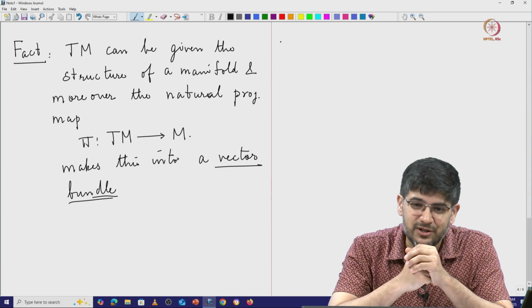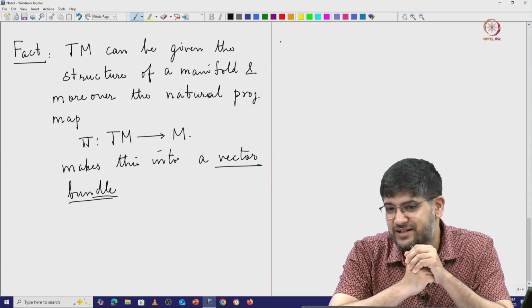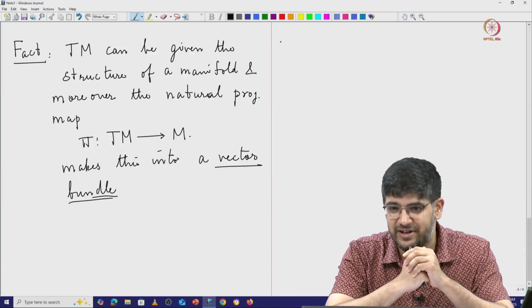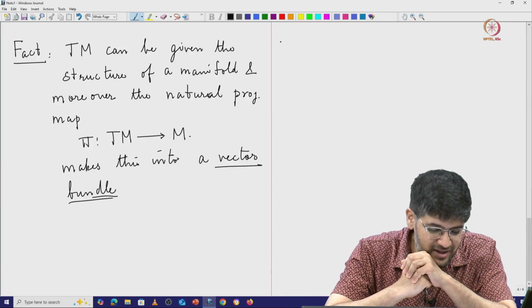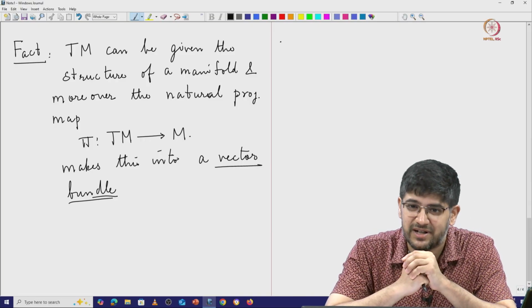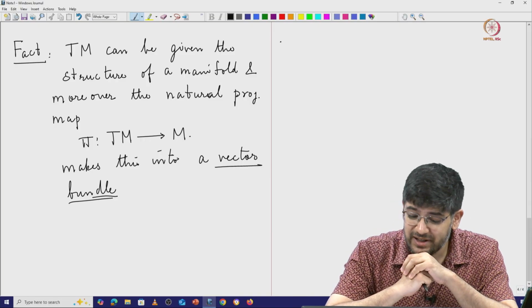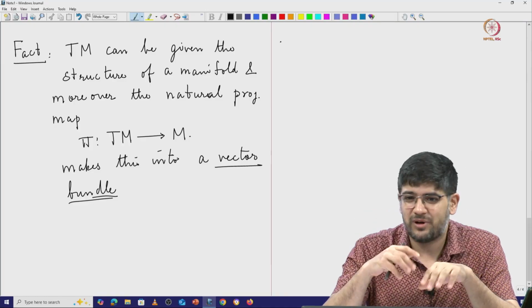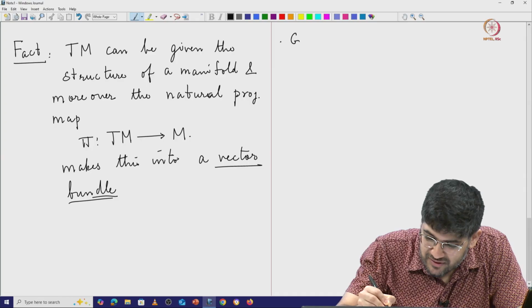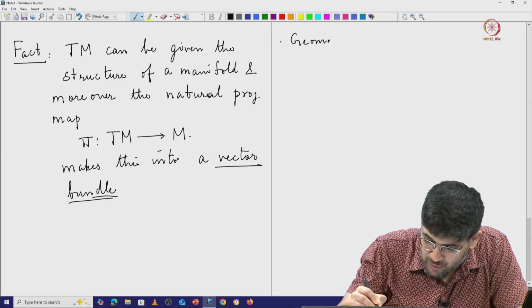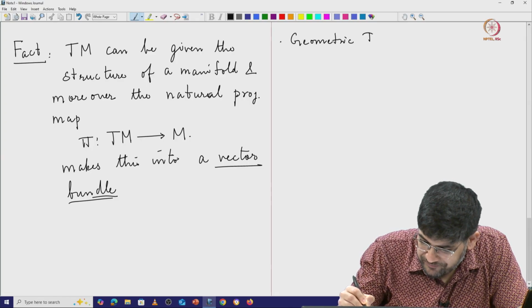So the analytic way of defining the tangent space is via these derivations. They're essentially calculating directional derivatives of any given function at a point, right? On the other hand, geometrically, if you are given a surface in R3, there is a more geometric definition.